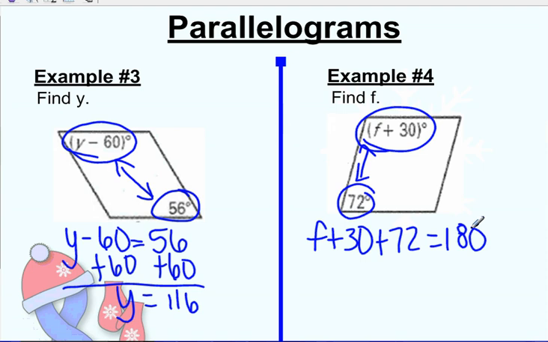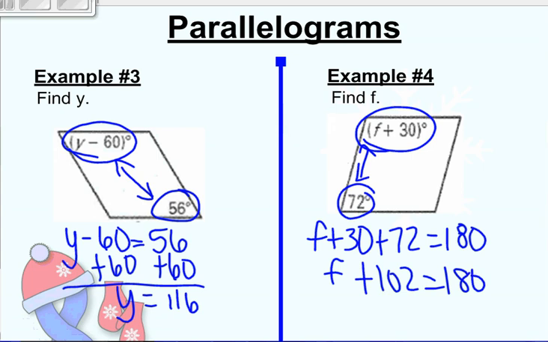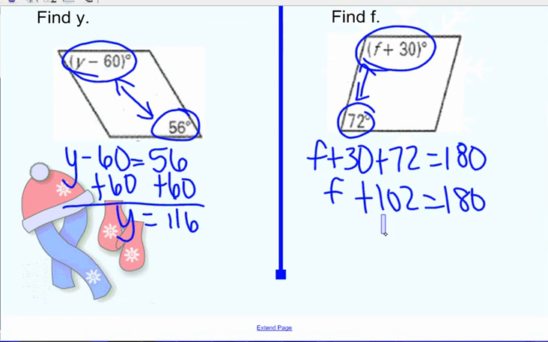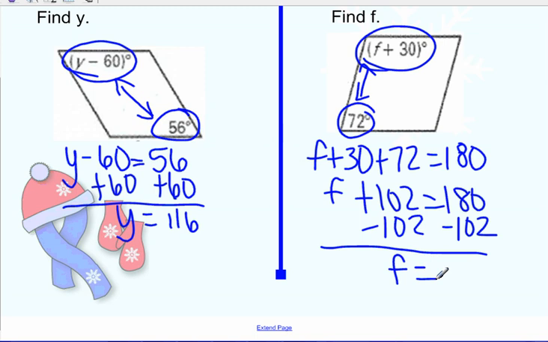We're going to combine our like terms, so f plus 102 equals 180. Then we're going to subtract 102 from both sides, and we're going to get f to equal 78.